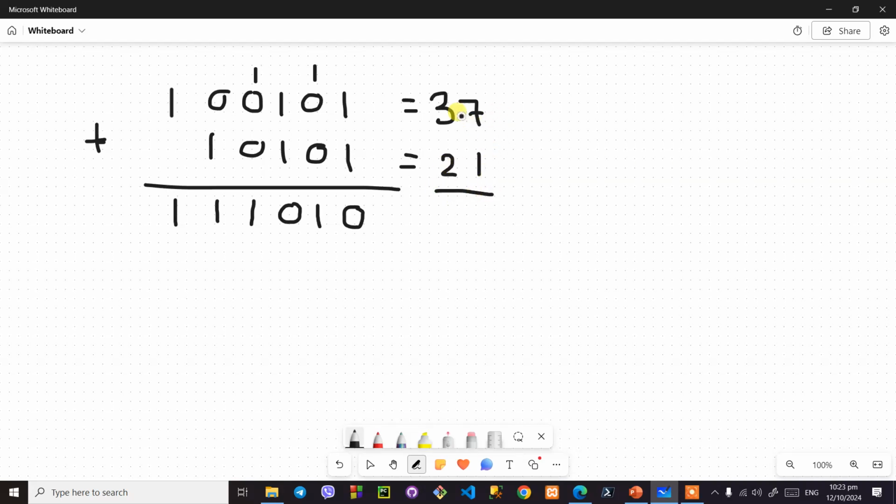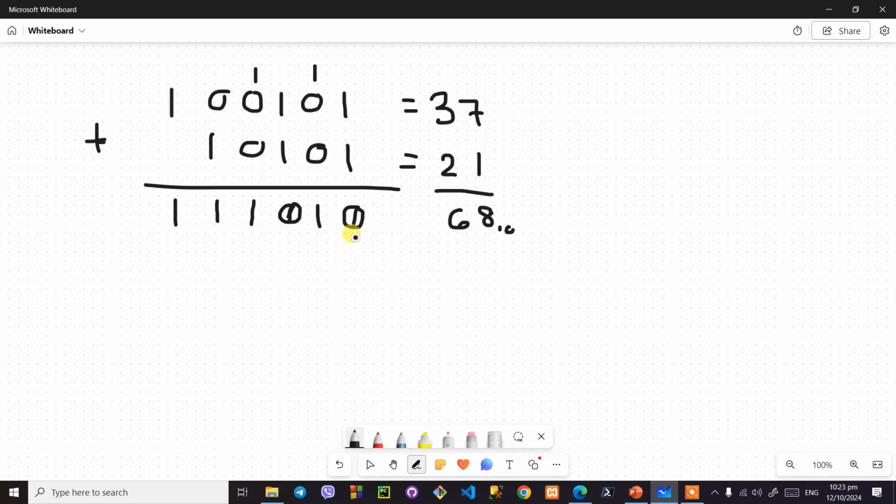Now, if we try to add 37 and 21, you will get 8 and you will get 6, meaning 68 in base 10. So the result of our binary, when we compute or convert it to decimal, should still be 68. Okay?